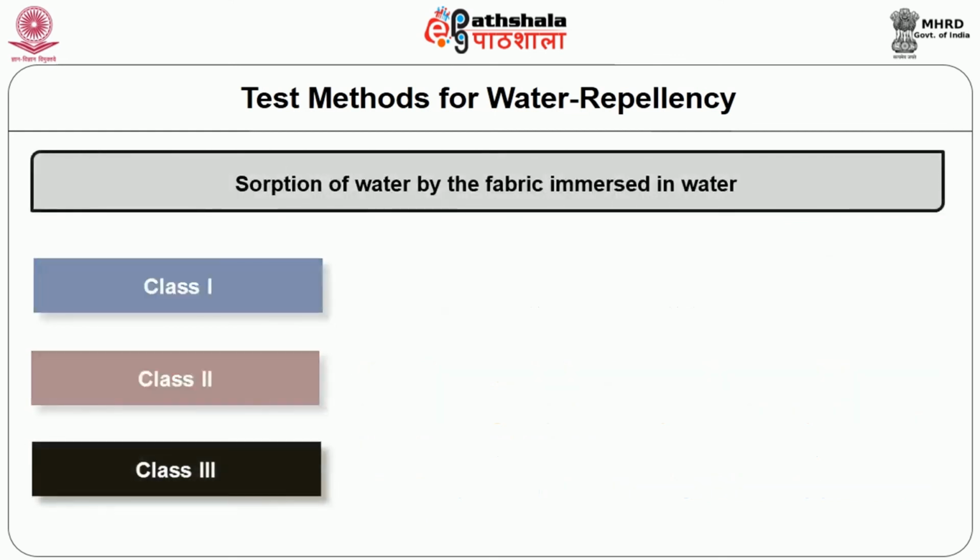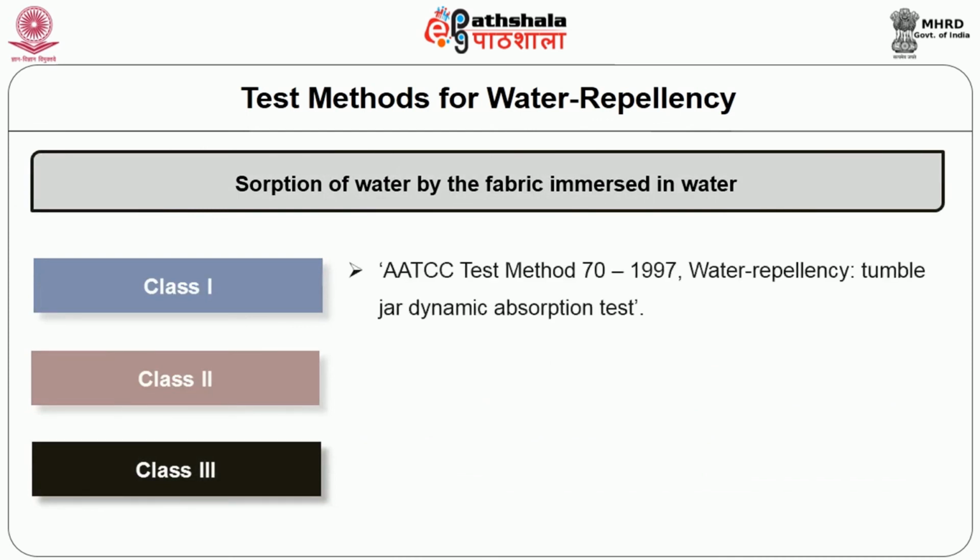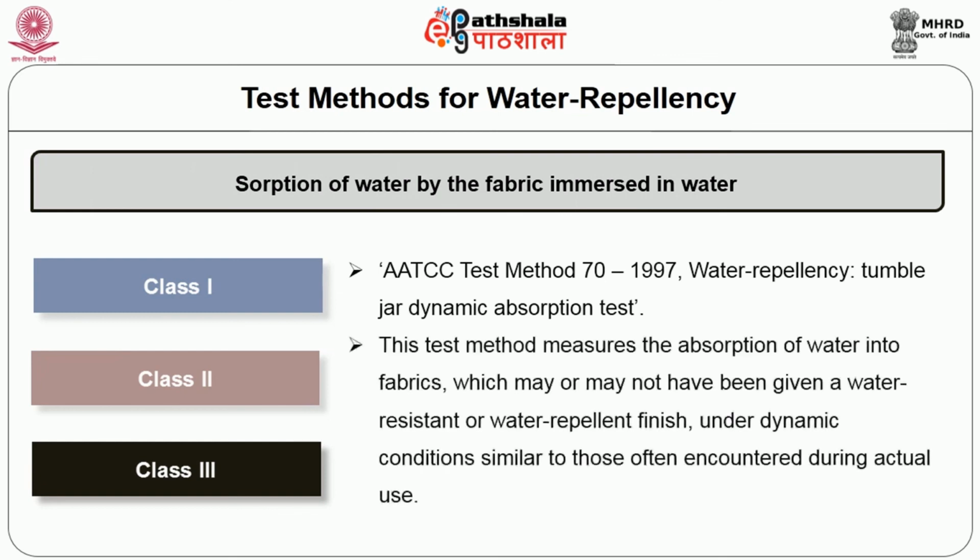In class 3, absorption of water by the fabric immersed in water test, AATCC test method 70 was followed. Water repellency tumble jar dynamic absorption test. This test method measures the absorption of water into fabrics which may or may not have been given a water resistant or water repellent finish under dynamic conditions similar to those often encountered during actual use.